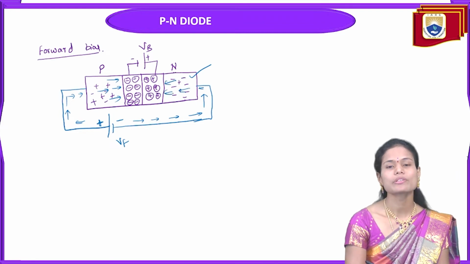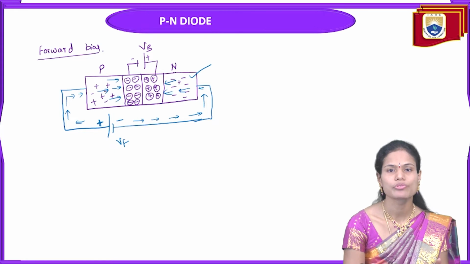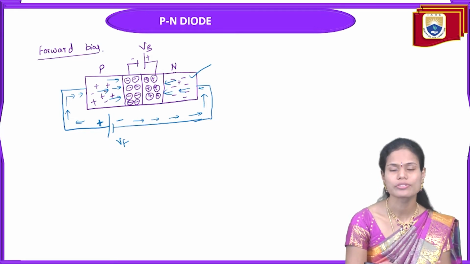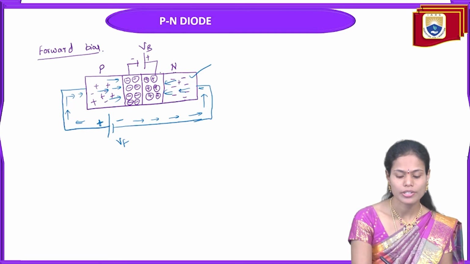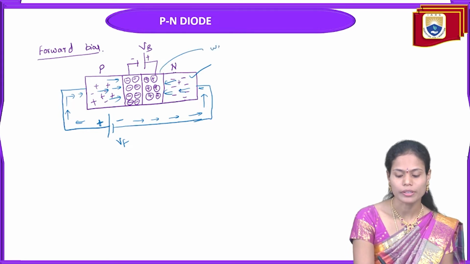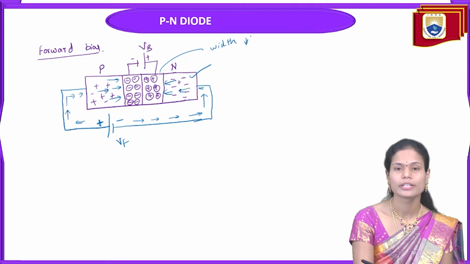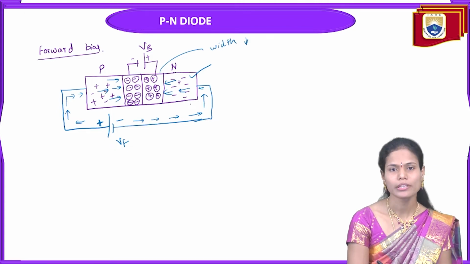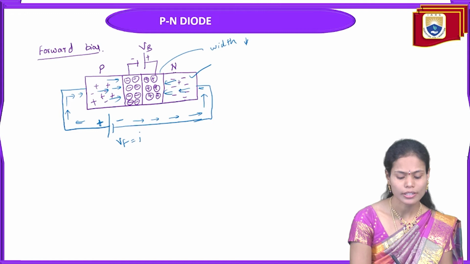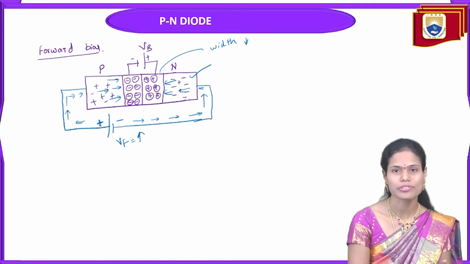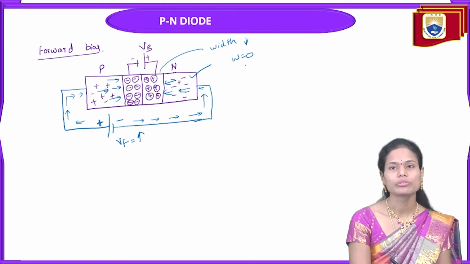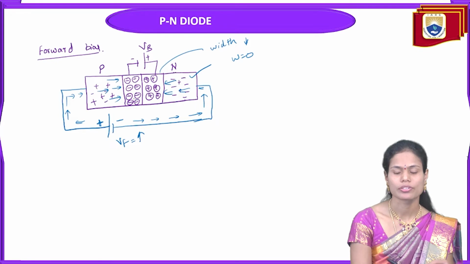Because of these two forces, positive and negative, acting on the charge carriers towards the junction, the depletion region width will decrease. If you increase the forward voltage to some extent, the depletion region width becomes zero. So there is a large movement of charge carriers across the junction.